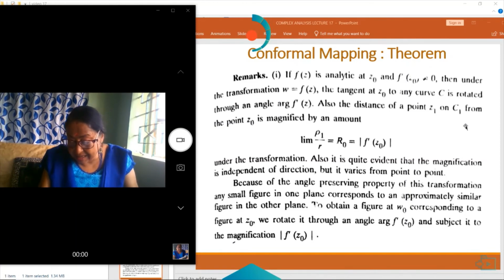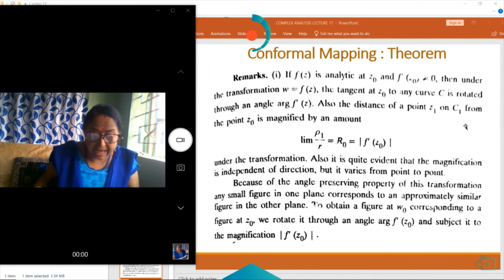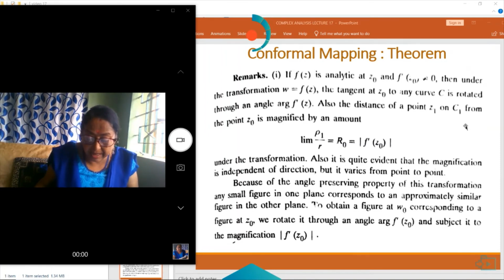Then under the transformation w is equal to f(z), the tangent at z0 to the curve C is rotated through an angle arg of f dash z0.